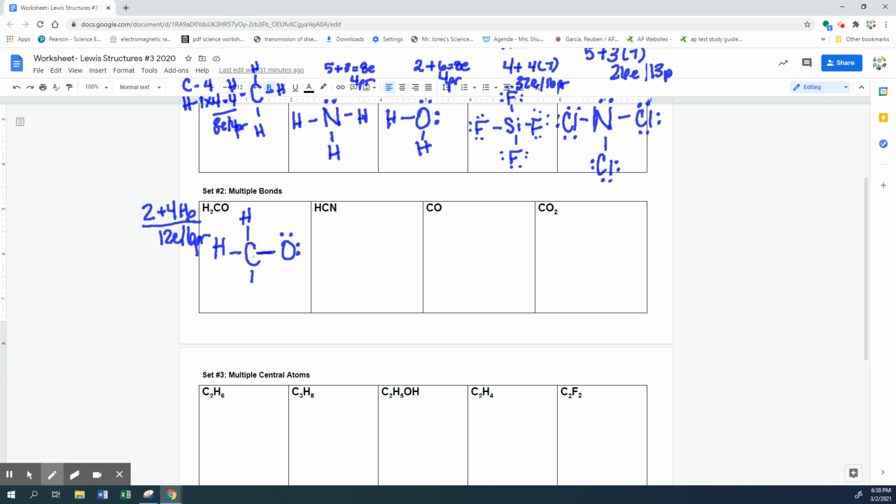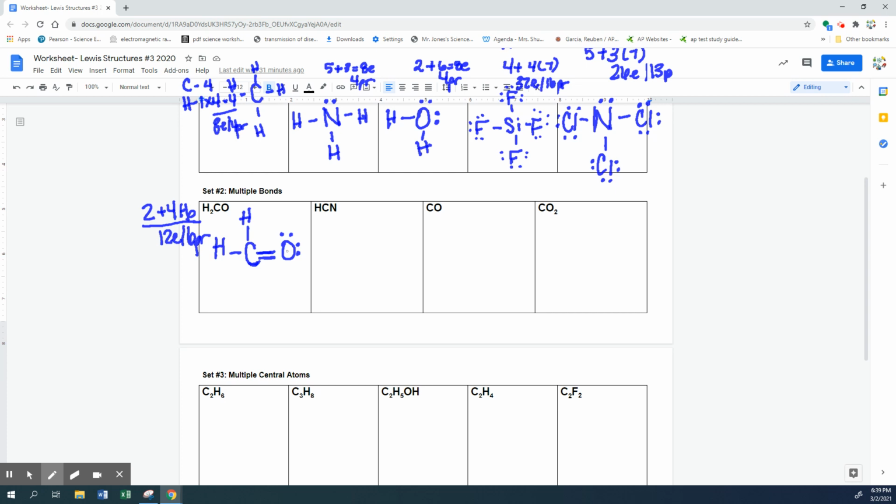One is going to be here between the C and the O, and then there's going to be another one between the C and the O. Check to make sure everything's happy and that we've used the correct number of electrons. Each hydrogen is happy. Carbon has 4 bonds, so it is happy. Oxygen has 2 bonds and 2 sets of unshared electrons, so it's happy. Did we use 6 pairs? 1, 2, 3, 4, 5, 6. We are completed with H2CO.